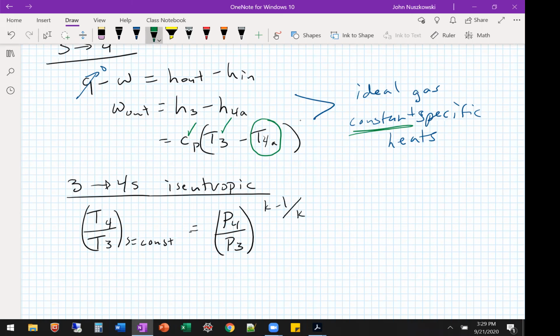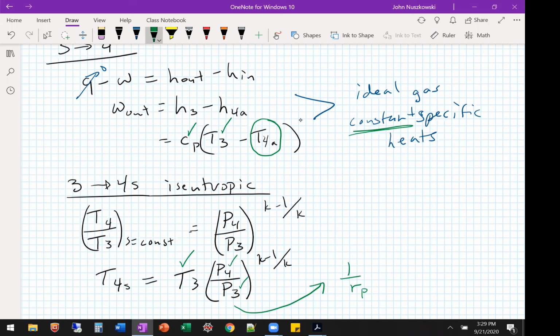All right, and if we rearrange for T4, this ends up being T4s, right? So we have T3. They gave us P4 and P3, which ends up just being 1 over the pressure ratio. And we have k, because we already looked it up.